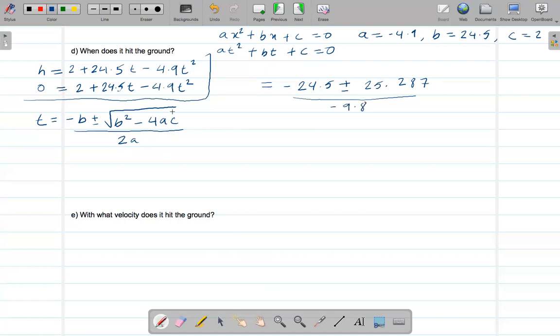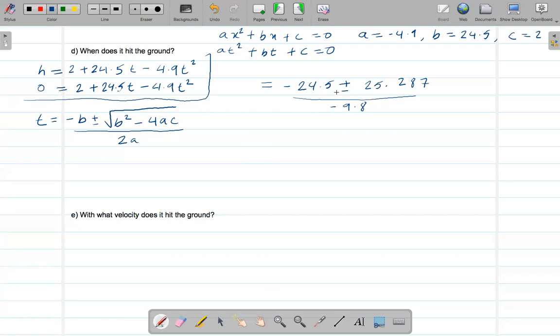The reason I'm skipping this is that I want you to do this by yourself and figure it out. It's not hard, it's just algebra. I'm pretty sure you'll be able to do it. I've given you the values, so just plug them in and get this number. It shouldn't be too hard.